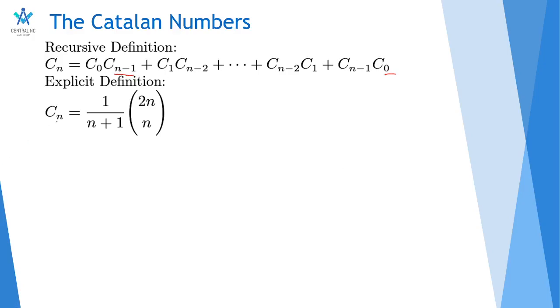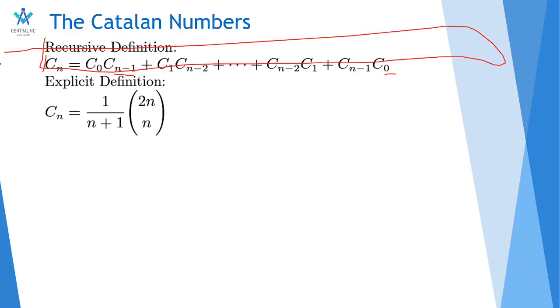And the explicit definition is the nth Catalan number is equal to 1 over n plus 1 times 2n choose n. You can actually derive these. We won't go much into the theory of deriving them in this lecture, but I did want to show you why this whole thing, the recursive definition, is significant.